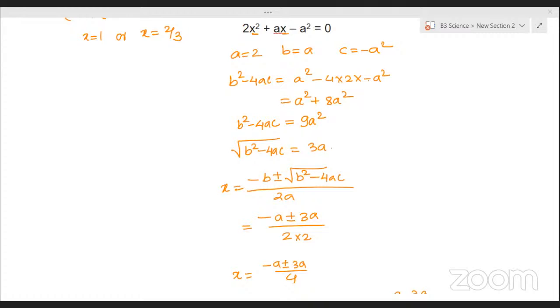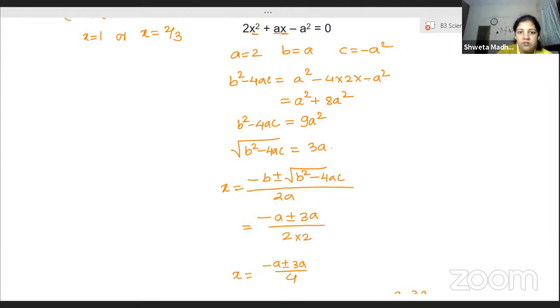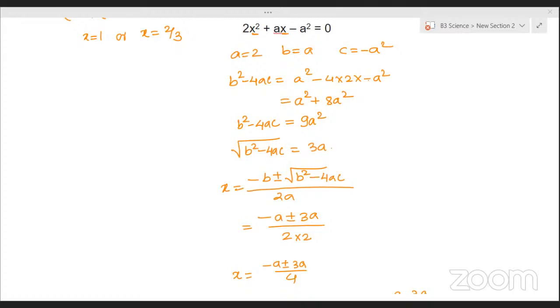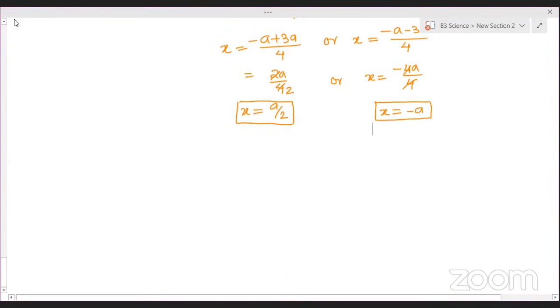Ma'am, can you scroll down? Ma'am, can you just solve the eighth one? Factorization. Oh, sorry.